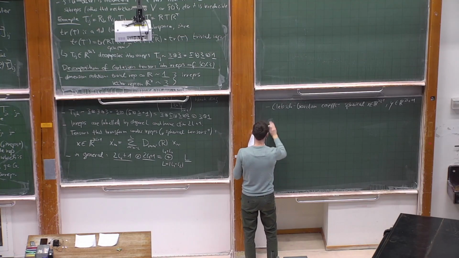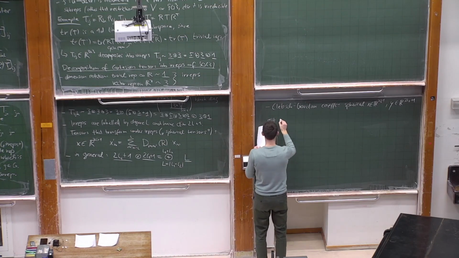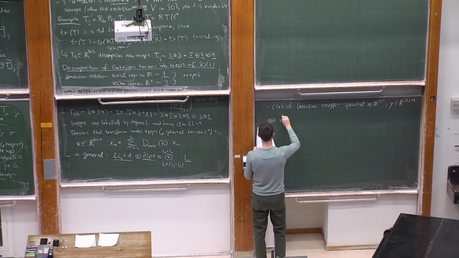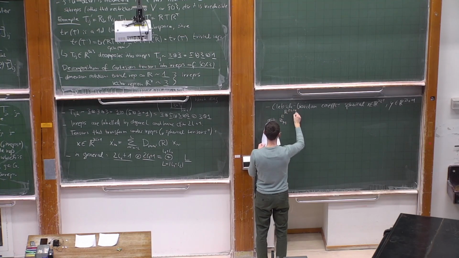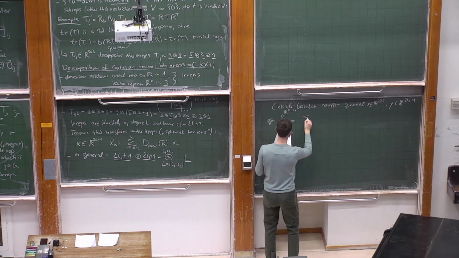We get the components of this 2L plus one-dimensional tensor by the following rule.